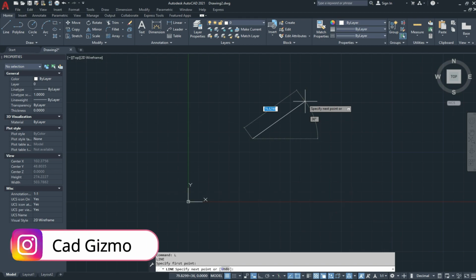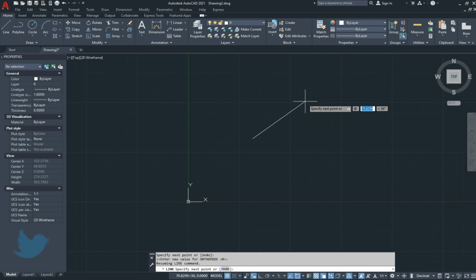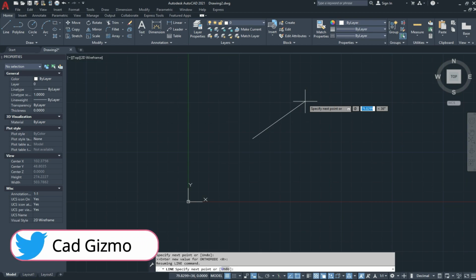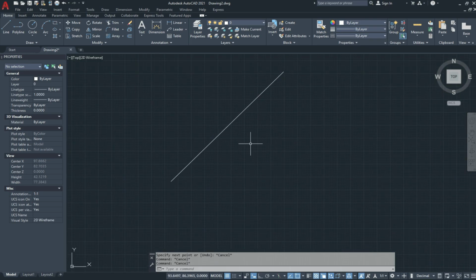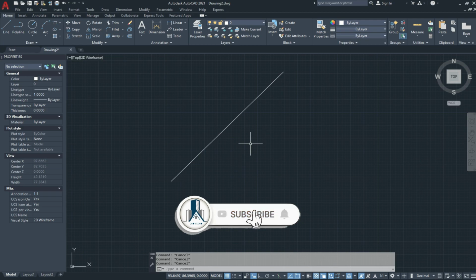Now I press the at the rate, give the distance 30, and give the angle sign, shift, angle sign, and angle 45 degree, and press enter. So now this makes 30 length and 45 angle.